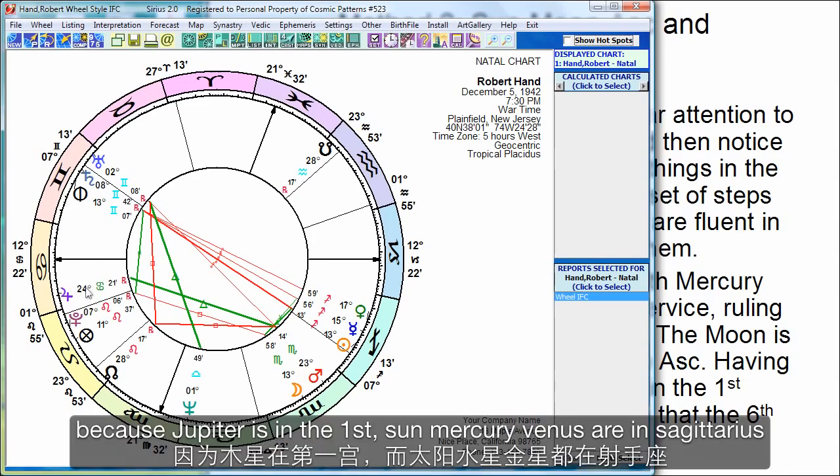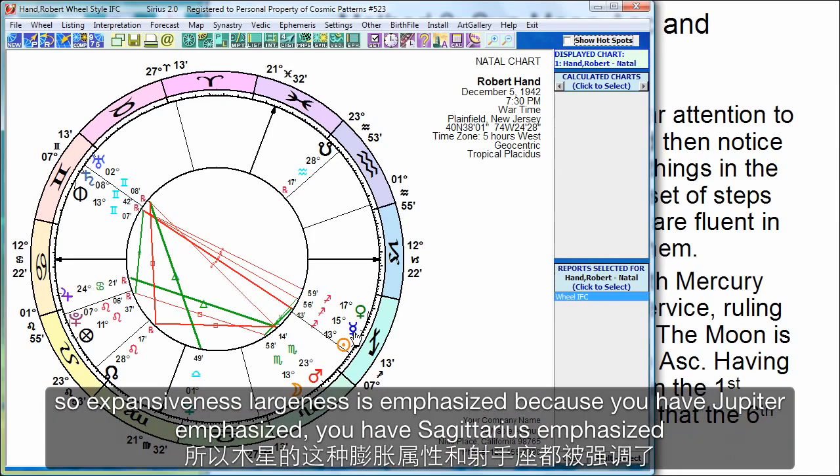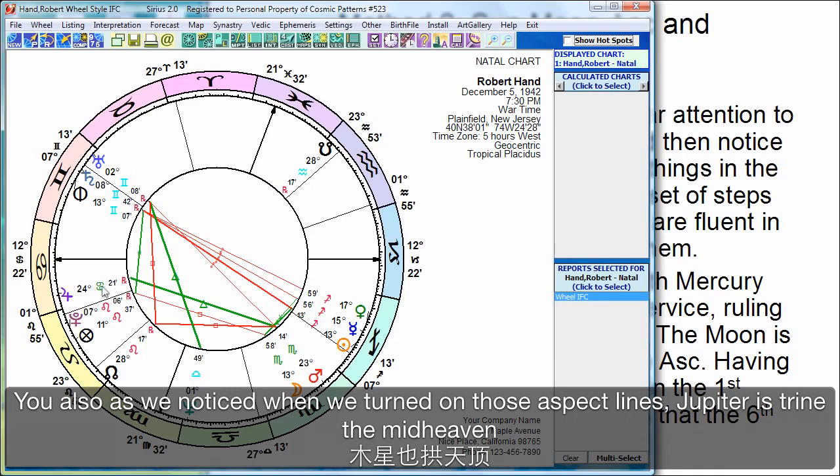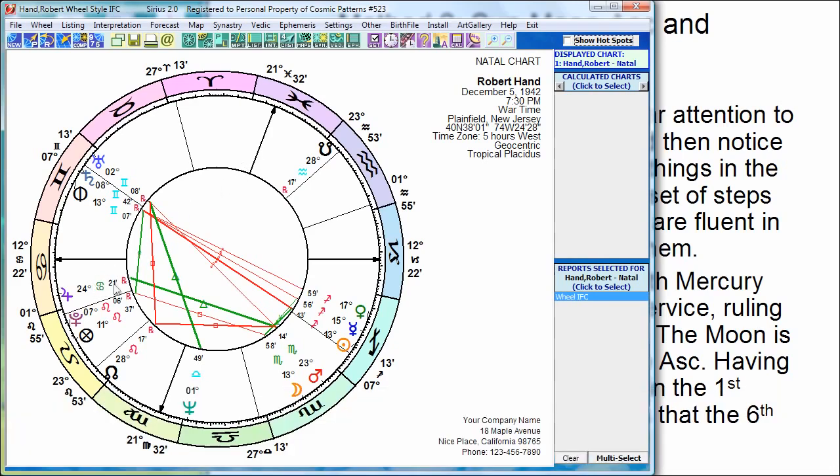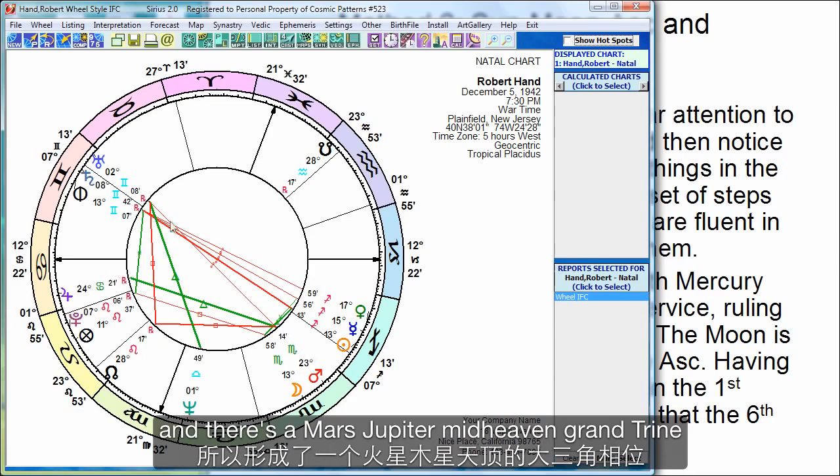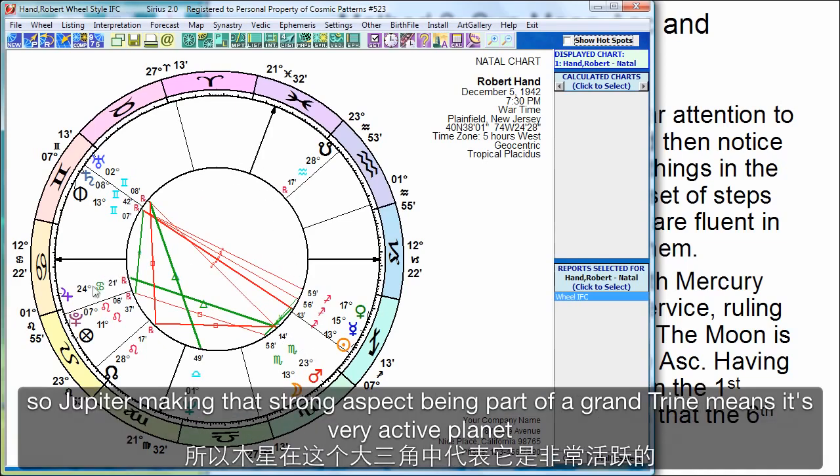Why? Because Jupiter is in the first, and Sun, Mercury, and Venus are in Sagittarius. So expansiveness, largeness is emphasized because you have Jupiter emphasized, you have Sagittarius emphasized. You also, as we noticed when we turned on those aspect lines, have Jupiter trine the midheaven. And there's a Mars-Jupiter-midheaven grand trine. So Jupiter making that strong aspect, being part of a grand trine, means it's a very active planet.